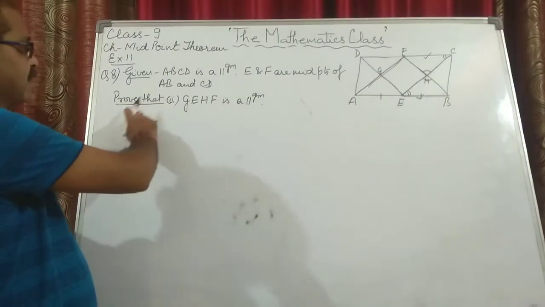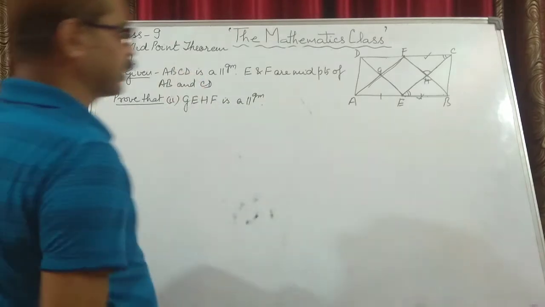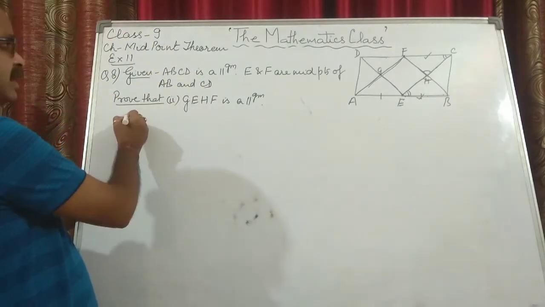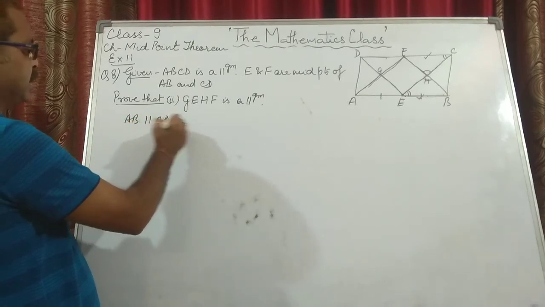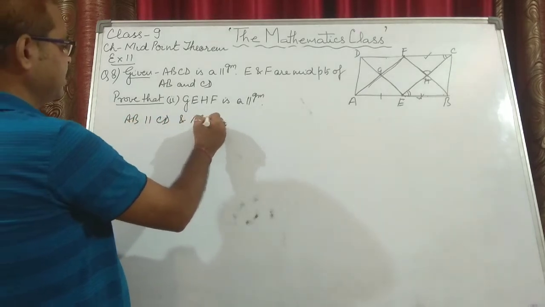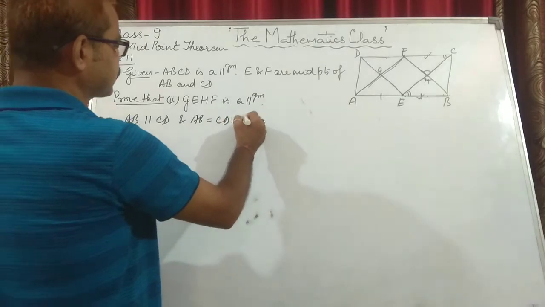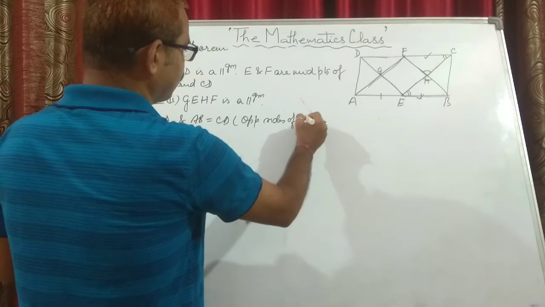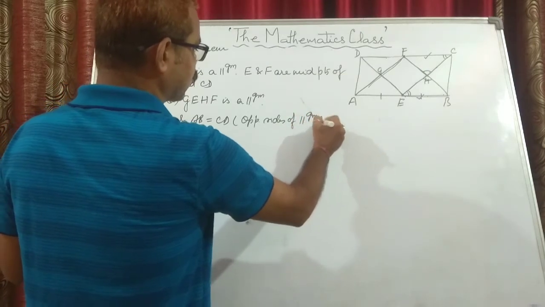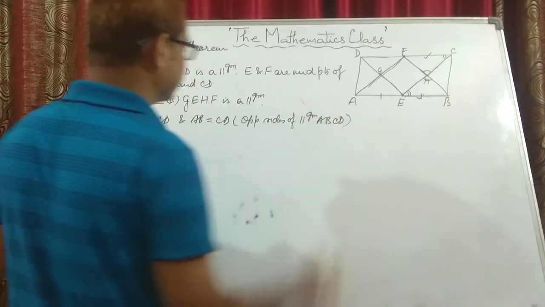Now the solution: we have to prove that GEHF is a parallelogram. So we can say that AB is parallel to CD and AB is equal to CD, since these are opposite sides of parallelogram ABCD.